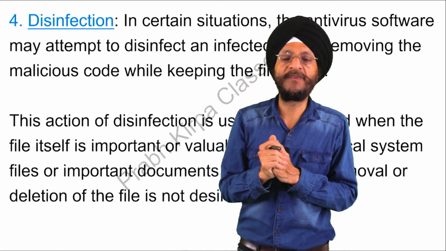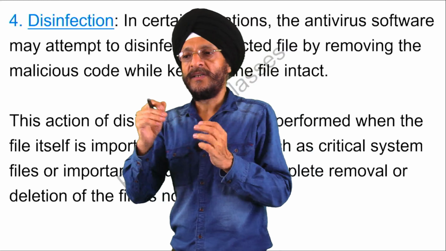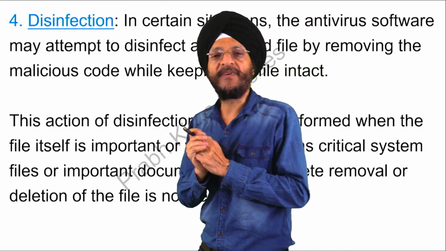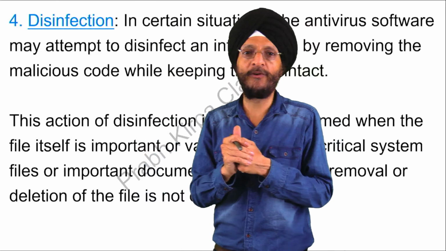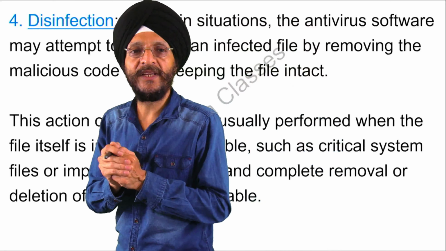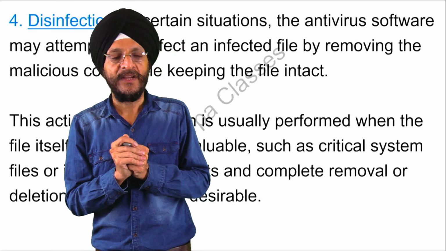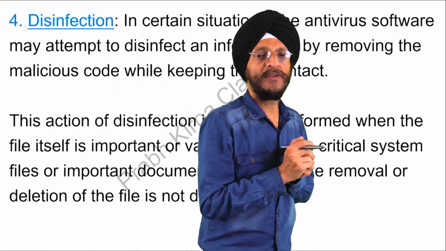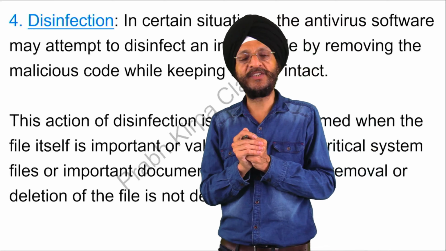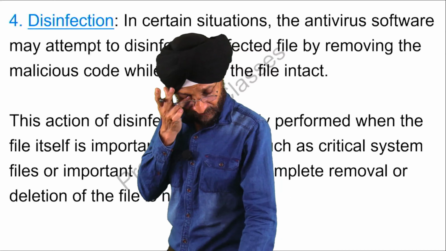This action of disinfection is usually performed when the file is very important or valuable, such as a critical system file or very important documents, and we do not want the complete removal or deletion of the file.